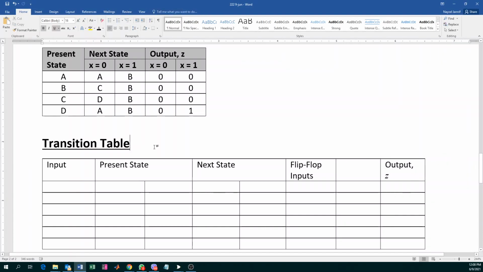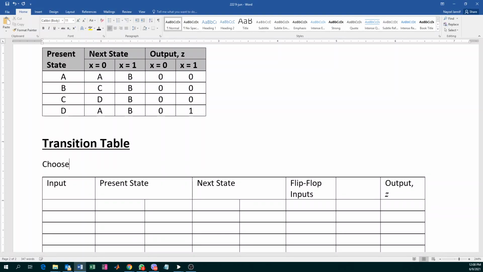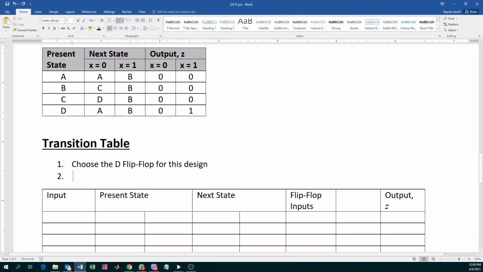Let's choose what flip-flop do you want to choose, guys? Let's choose the D flip-flop for the design. What else can we say? Number 1 and number 2. There are 4 states.